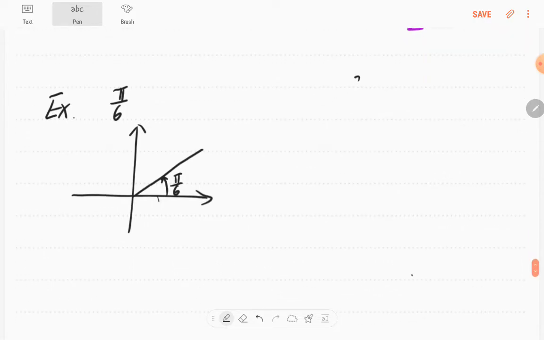What about 9 pi over 4? Let's look at 9 pi over 4. Let's take the division. You have 9 divided by 4, you have 2, and 1 left, right? The remainder is 1. So it's 2 pi plus pi over 4.